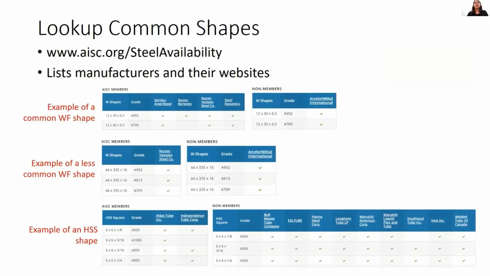The important thing to know is that, depending upon the shape, not all shapes are made by all the mills that are out there. If you have a very common shape, there may be many mills that produce it. AISC has a tool called the steel availability tool, and you can punch in a shape and it will tell you who makes those shapes.